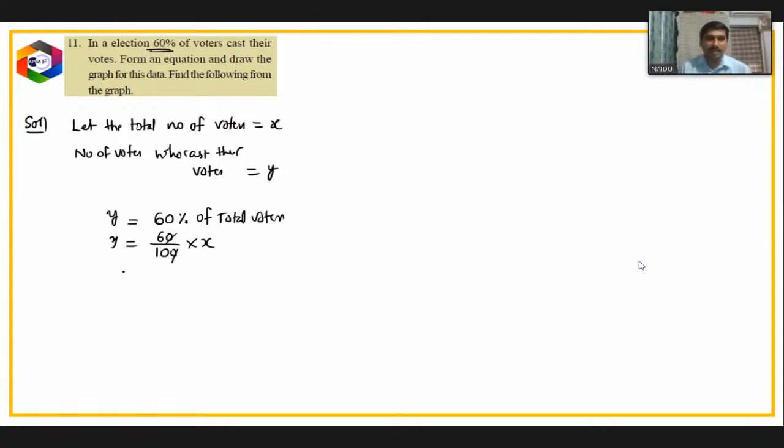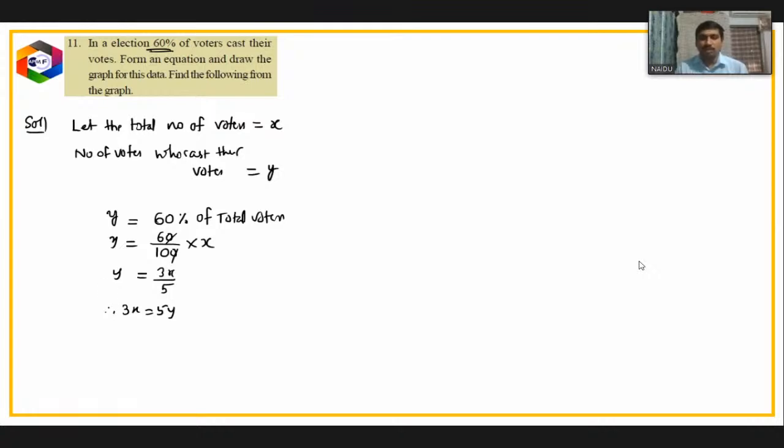Upon cancelling and simplifying, we get y = 3x by 5. So the required equation is 5y = 3x. This is the required equation for the given data, and this is a linear equation.